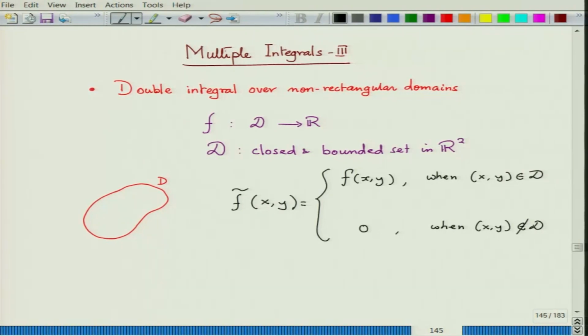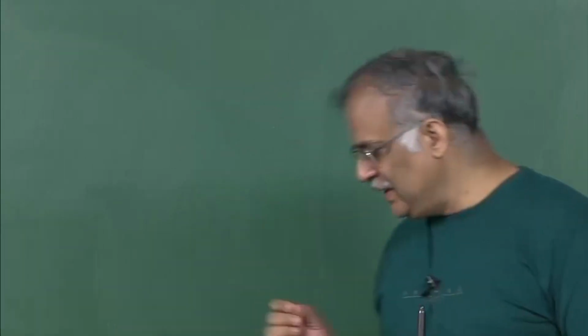This little idea of creating another auxiliary function which coincides with the value of f when xy is in D and is 0 otherwise goes a long way in taking the definition that we know for the rectangular case to that of the general domain. See, what happens here is very simple.